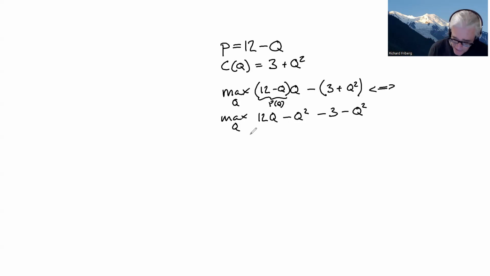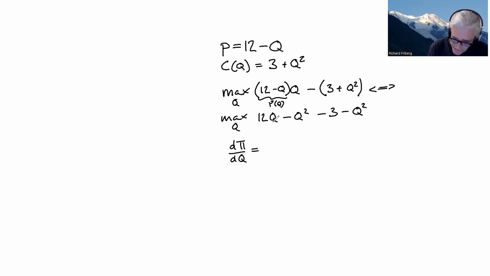We want to find the top of the hill. We differentiate the profit function with respect to quantity and set the slope, the tangent, equal to 0. That means that we've found a sufficient condition for having found an optimum profit maximizing quantity. Okay. Well, not sufficient, sorry, necessary. And it will be sufficient in the case that we're looking at.